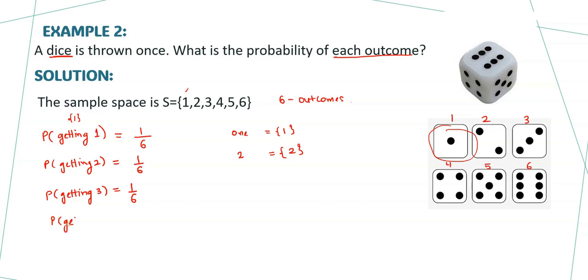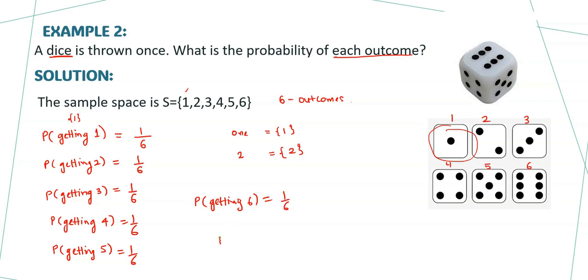Probability of getting 4 is again 1 over 6, and probability of getting 5 is also 1 over 6. Probability of getting 6 is also 1 over 6.